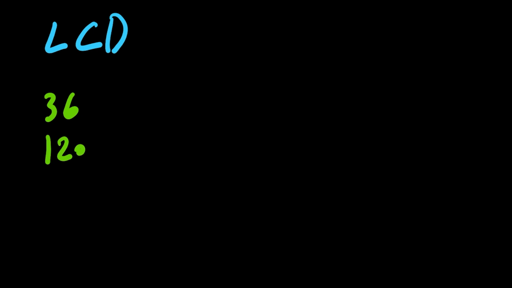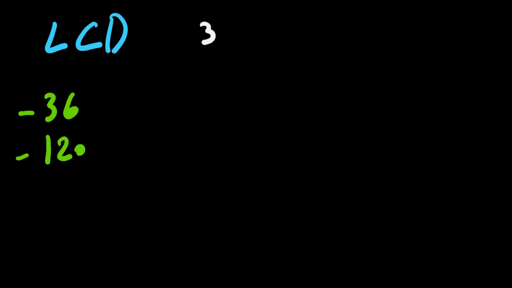Let's move to the least common denominator, LCD. So what's LCD? When we have two numbers, for example 36 and 120, and we want to find the least common denominator, at first we have to factor each number.